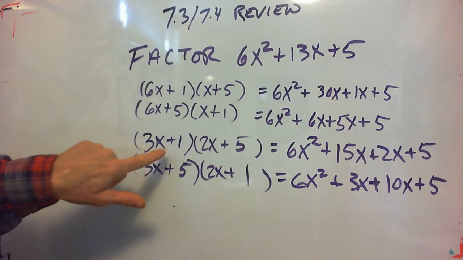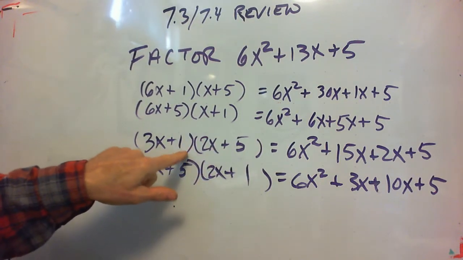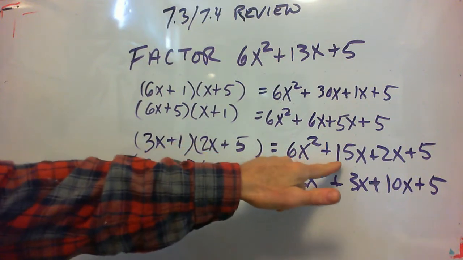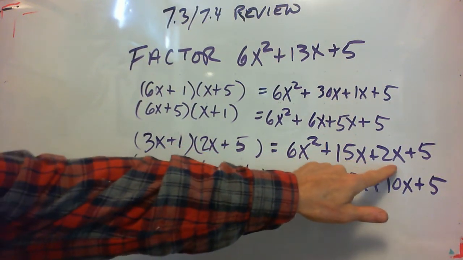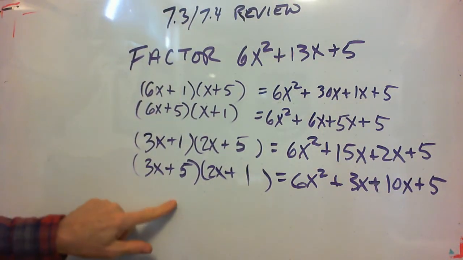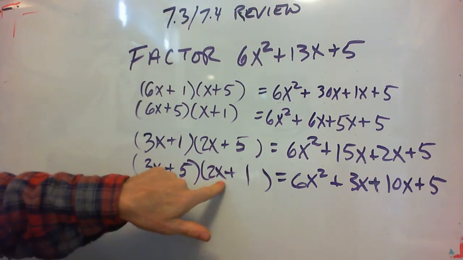So those possibilities are 3x plus 1, 2x plus 5. That gives us the 6x squared and the 5. But when we multiply that out, we get 15x plus 2x makes 17x. Too many x's. Then the very last possibility here is 3x plus 5 times 2x plus 1.